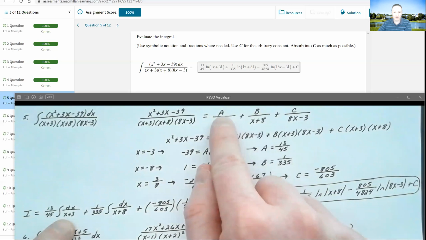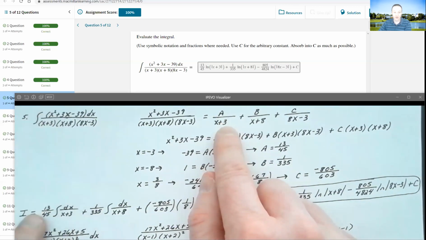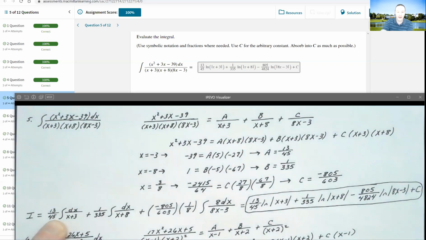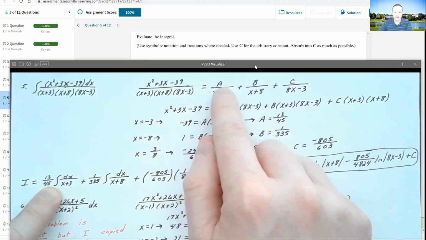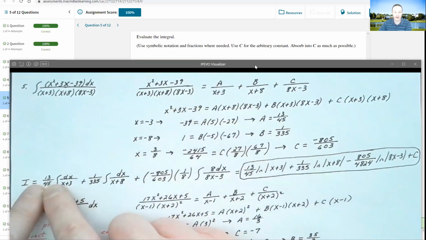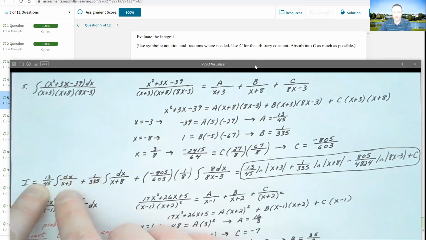I just go back into my integral and say, all right, the original integral is equal to your first term. Let me bring this up a little bit more to show it. Your first term here, instead of a, which is 13 over 45, I factored that outside the group and said, well, then it's just going to be 1 over x plus 3 integrated with respect to x.